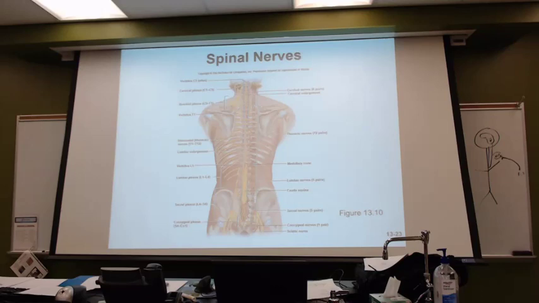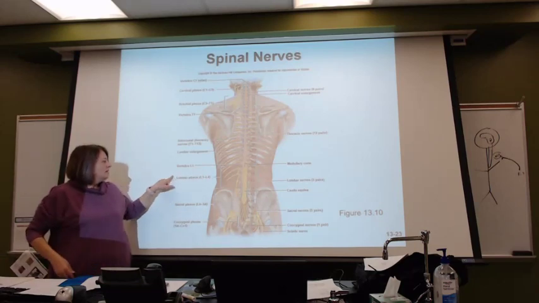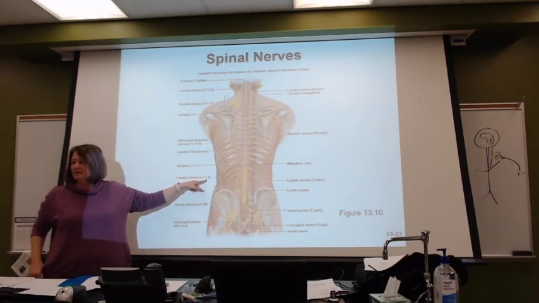Because you've got to inhale and exhale, and it allows those muscles to be able to do that, and I love the thoracic spinal nerve. We have a lumbar plexus.